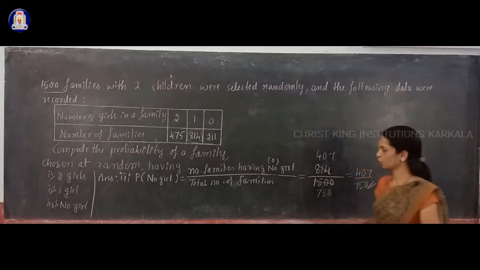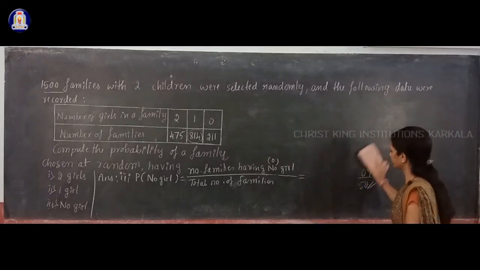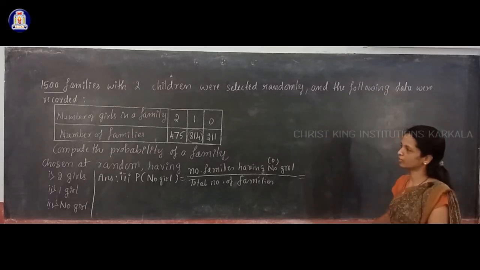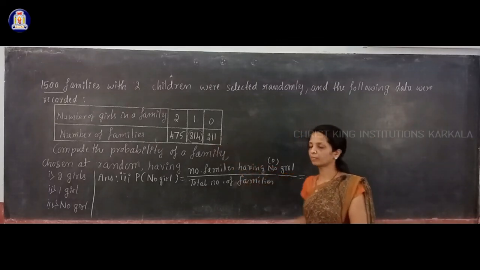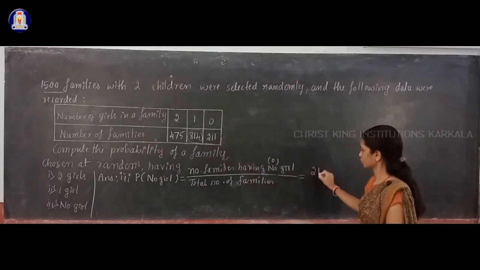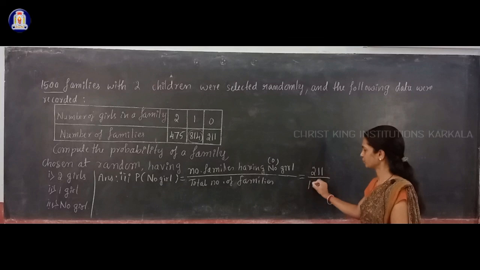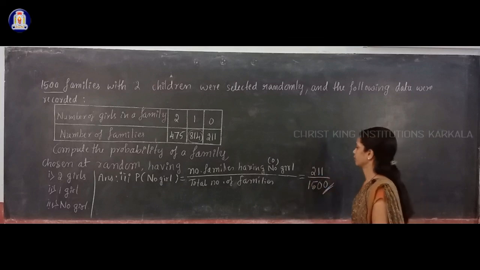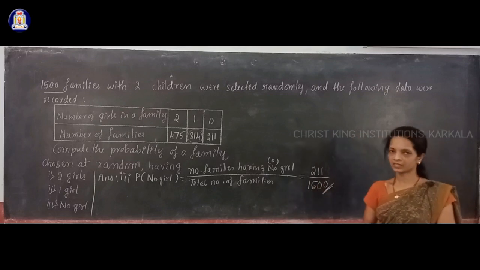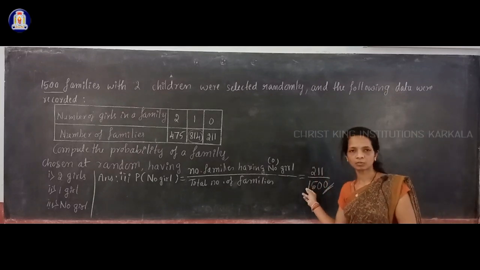In how many families do you have no girl? In 211 families. So in the numerator place you write 211 dividing by the total number of families, 1500, and both numbers we can't cancel by the same number. So this is the simplified answer.